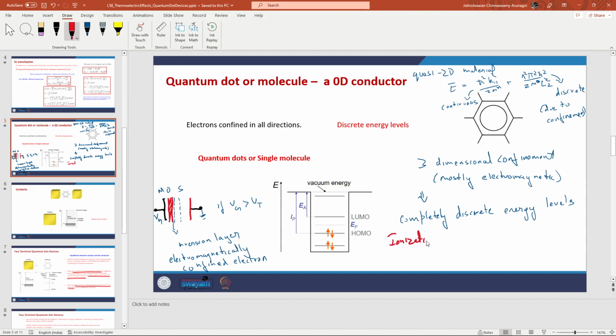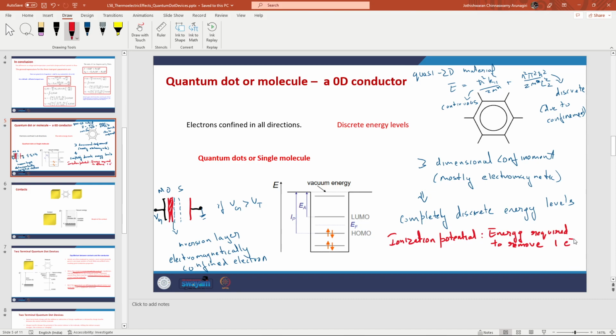Ionization energy is the energy required to remove one electron, the outermost electron, from the valence band.